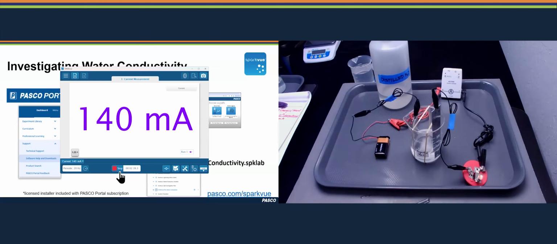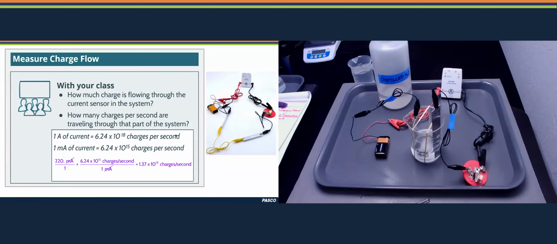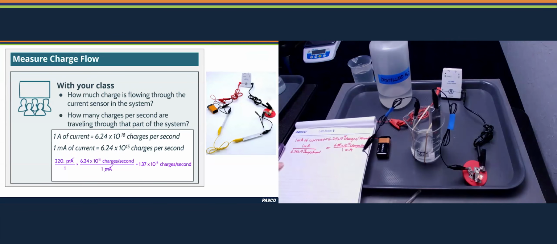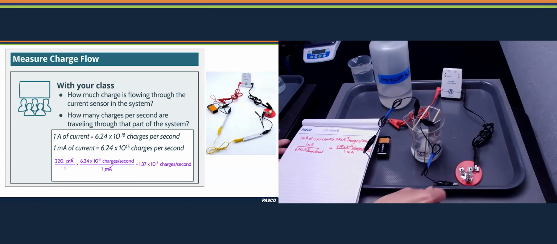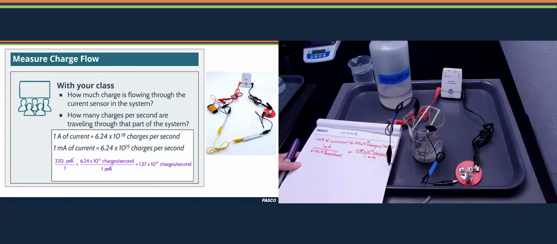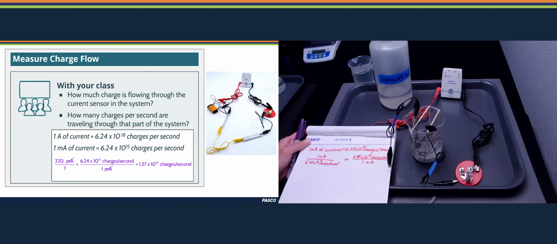Let's design an experiment. At this point, this is where students would work with Coulomb's law. They figured out what the constant is in a previous lesson. Let me undo this. They figured out that 1 milliamp of current is 6.24 times 10 to the 15 charges per second.